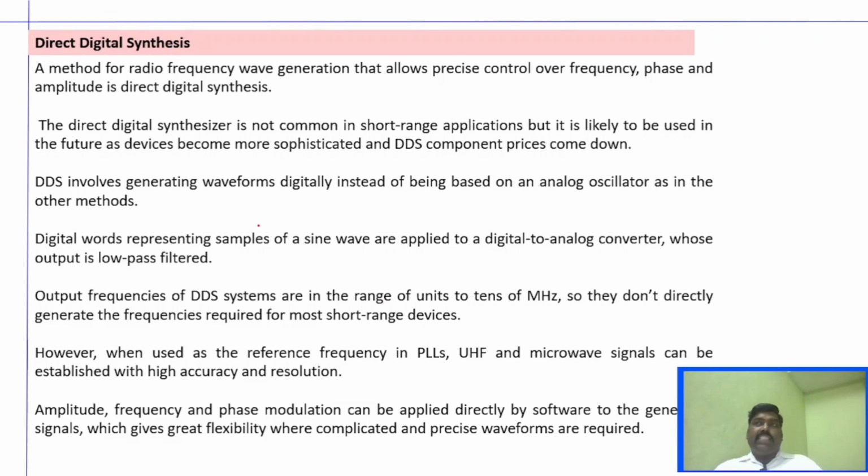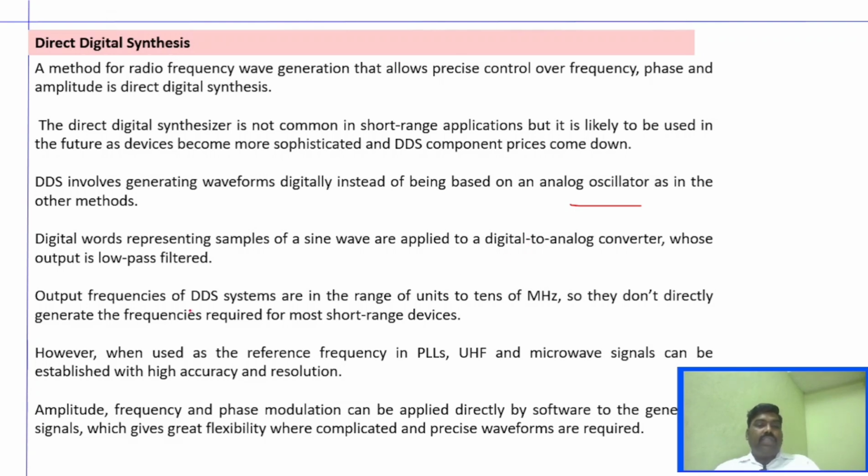Direct digital synthesizers right now are not used for short range communications, but in future they can be used as devices become very sophisticated. DDS involves generating the signal digitally, that is, instead of using an analog oscillator, we use a digital word to represent a sine wave, and that digital word can be converted to an analog signal and then filtered.